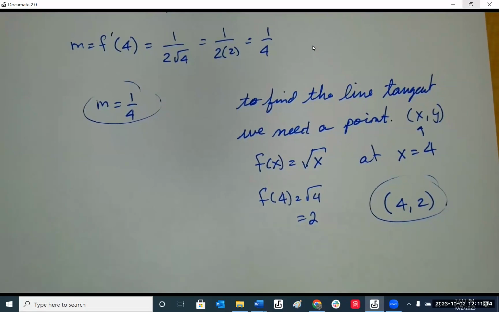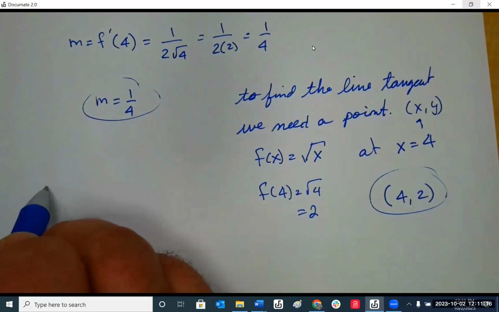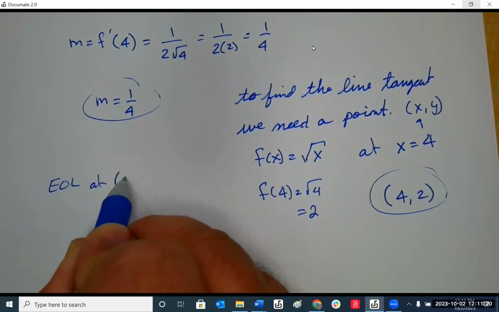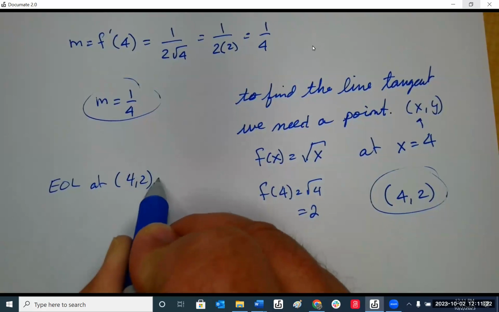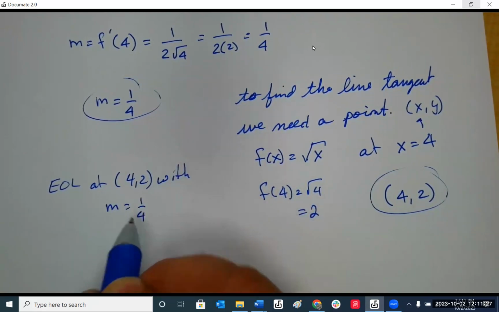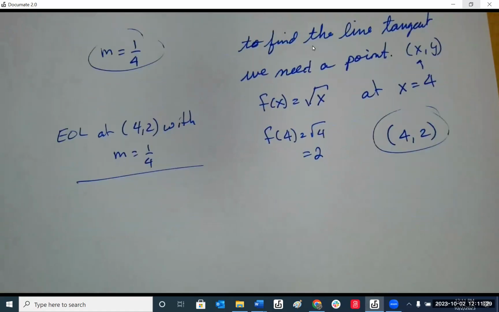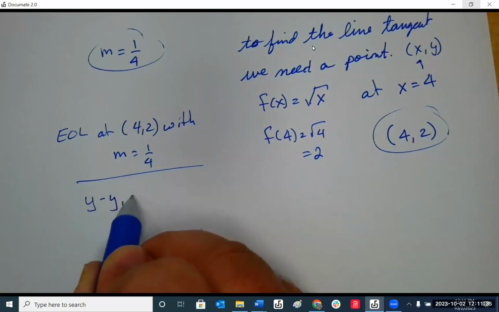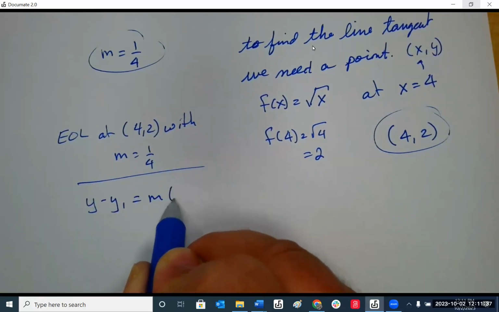How do we find the equation of the line? The equation of the line at 4, 2 with m equals 1/4. Well, how do you find that? We could just go ahead and plug it into the point slope formula.